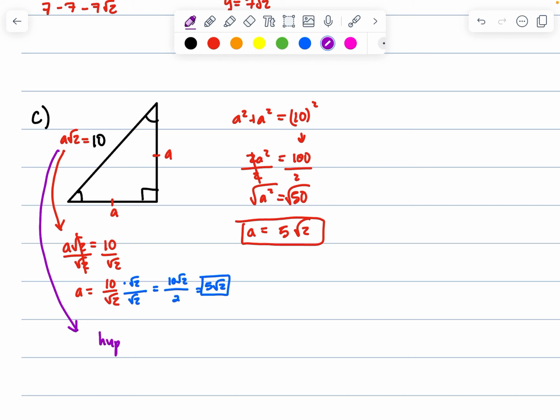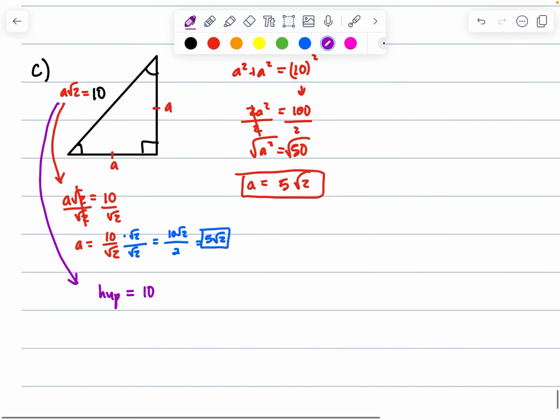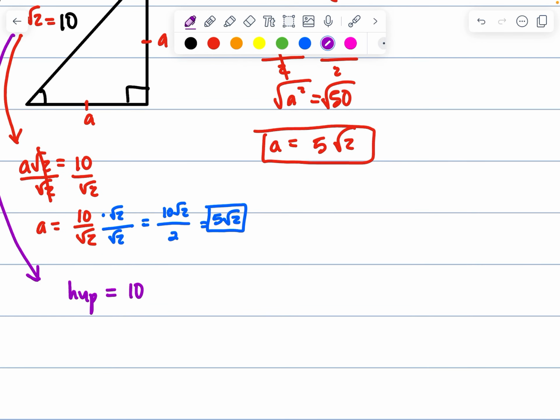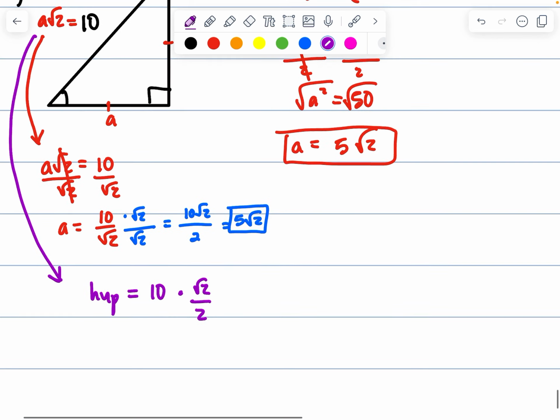Your hypotenuse is equal to 10. Okay, if it's 45, 45, 90, you could take your hypotenuse. You could then multiply this by root 2 over 2. Okay? Because that's exactly what we just did. And in this particular case, it will work because 10 times root 2 divided by 2.